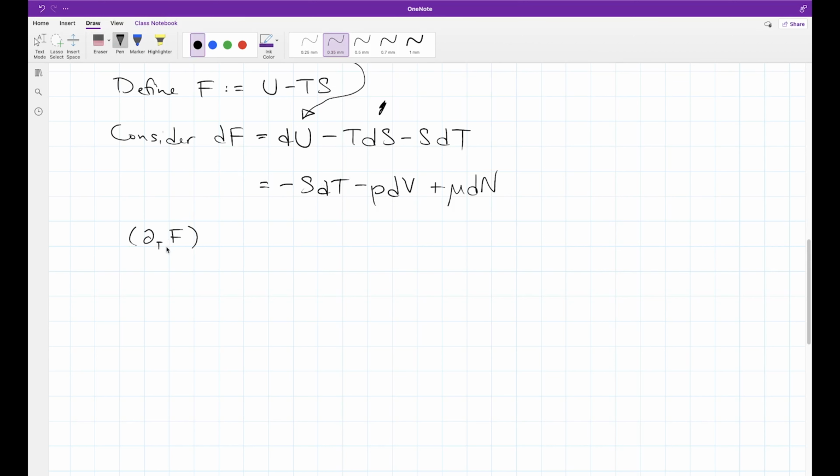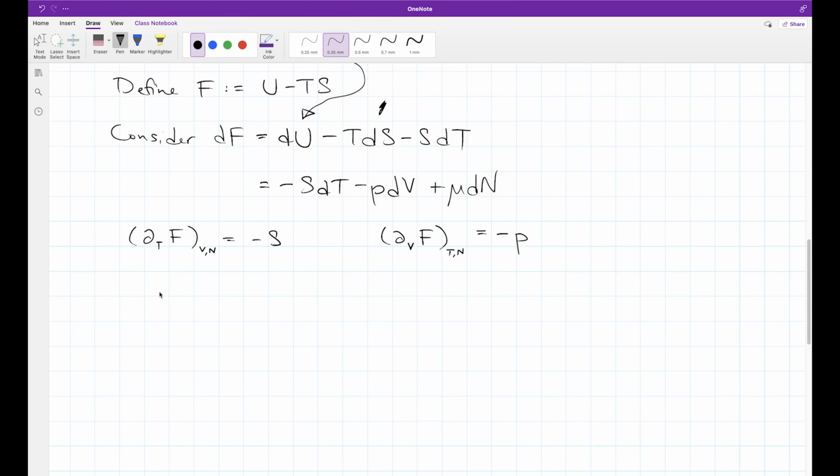Okay, so the partial with respect to T of F while fixing V and N is minus S. Meanwhile, the partial with respect to V of F while fixing T and N is equal to minus P.